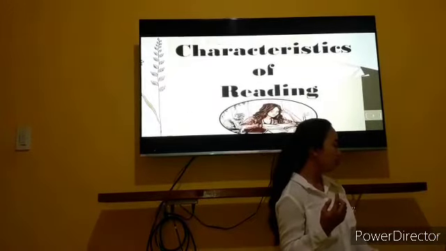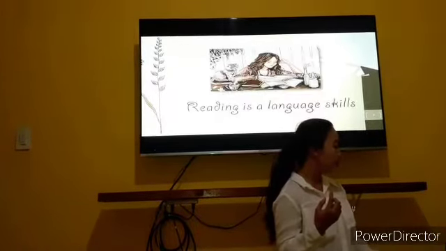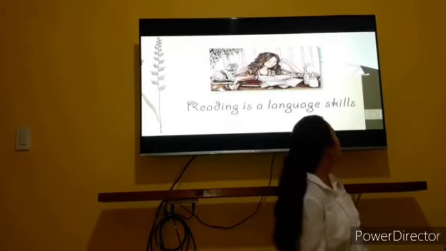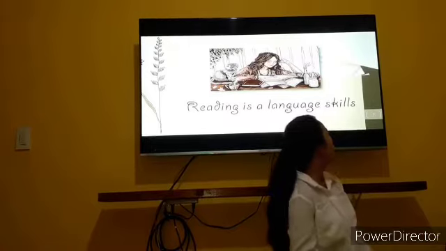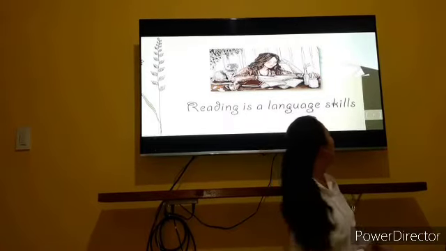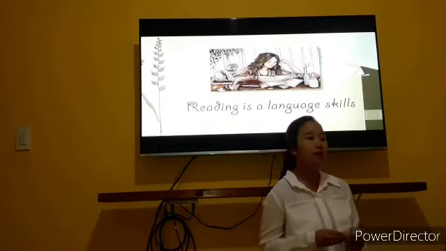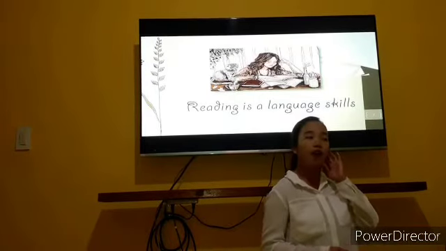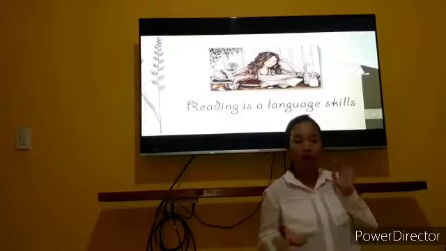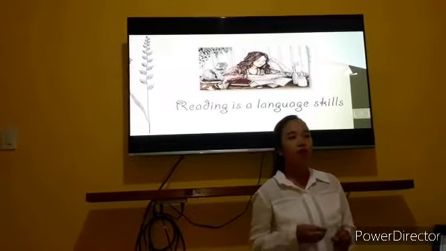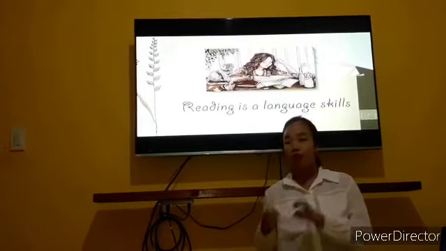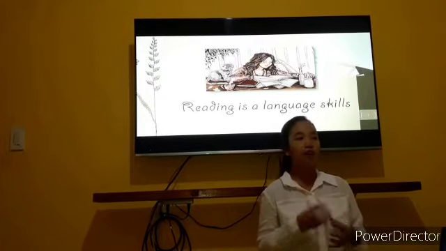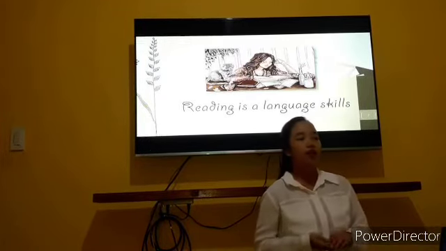And there are characteristics of reading. One, reading is a language skill. Language skills develop based on systematic practice. For example, for children, when we teach, we first introduce how a certain word is pronounced. For example, "sale."